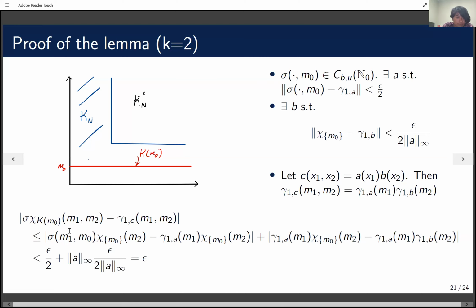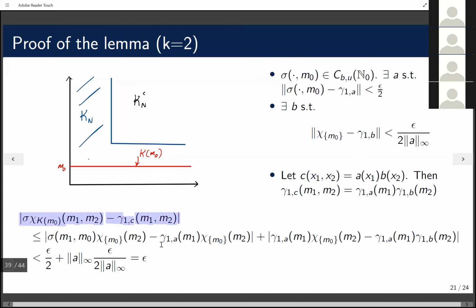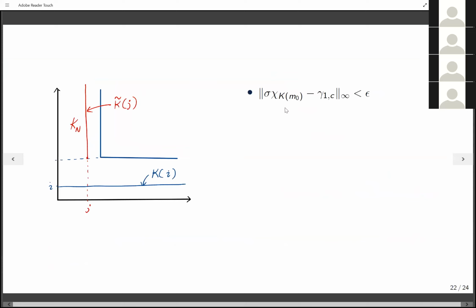So altogether, we control this by epsilon, and this is true for all m1, m2. So we have control in the subnorm. So sigma restricted to K m naught, which is this line, minus gamma 1c has subnorm less than epsilon. So we have only considered this line as of yet.